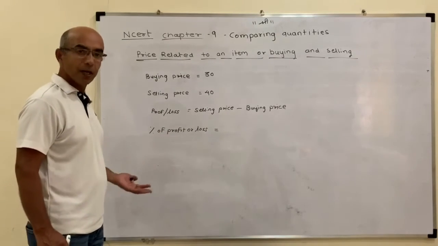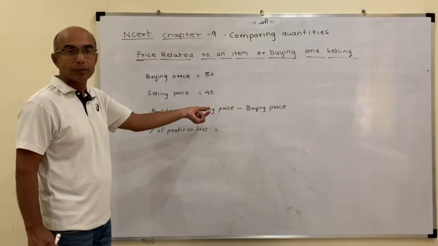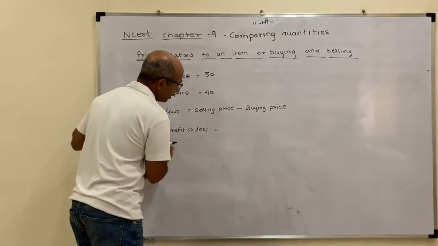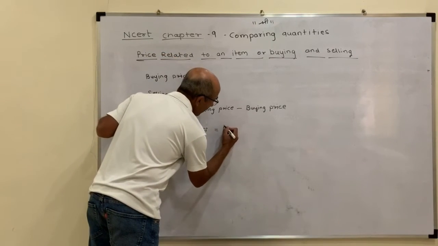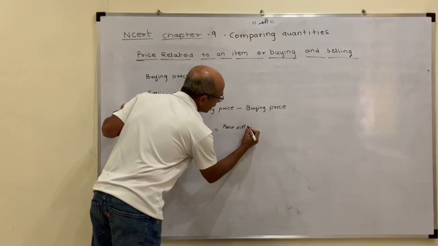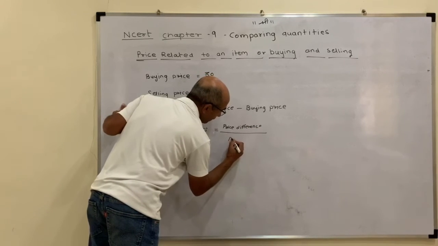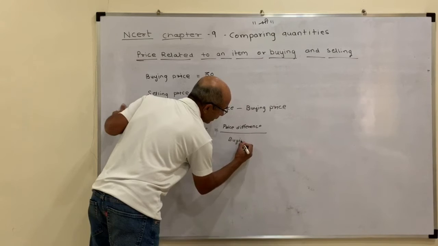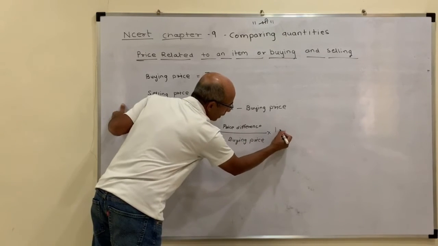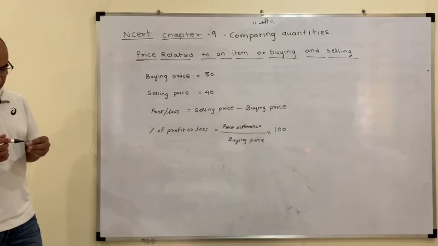But when finding a percent, we don't consider negative or positive. We just use that number. So profit or loss percent is the price difference divided by buying price into 100. Exactly the way we did for the other examples before.